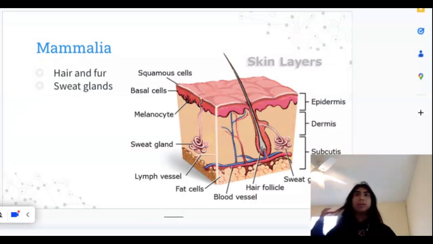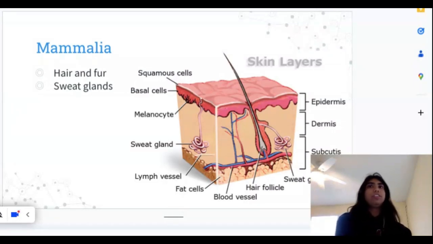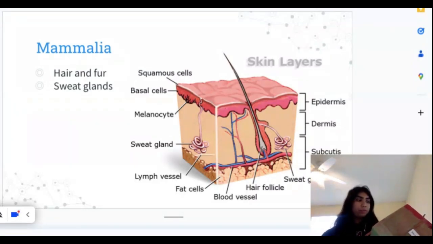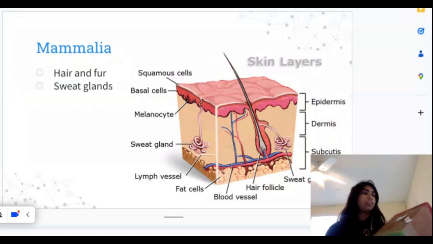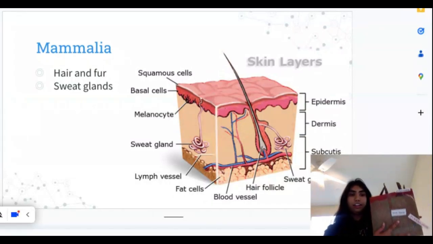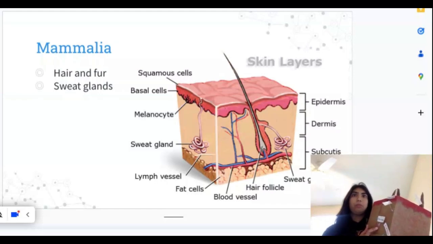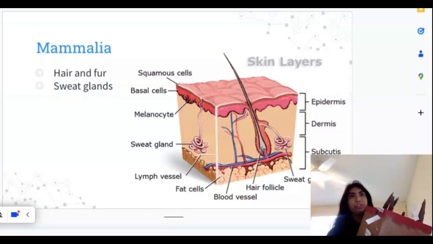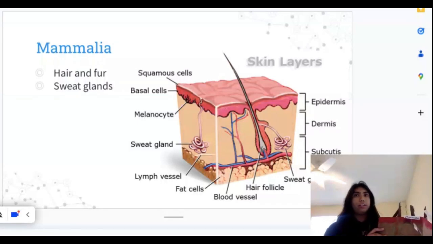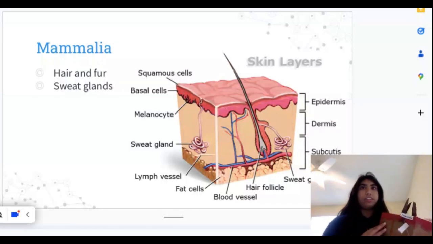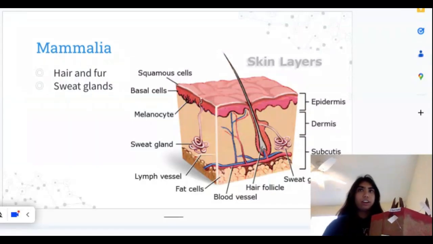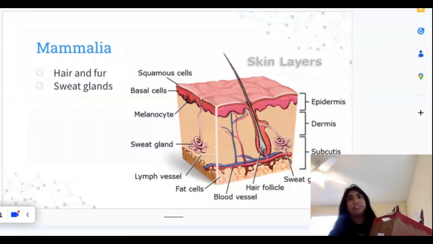So, mammal skin has many features. One of them is the sweat gland, which is shown here. The sweat glands help regulate temperature and remove waste from the skin. The outermost layer of the skin is dead cells that cover and protect the living cells.